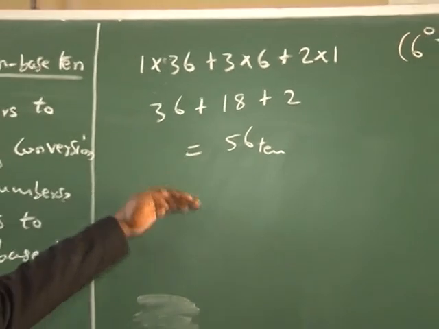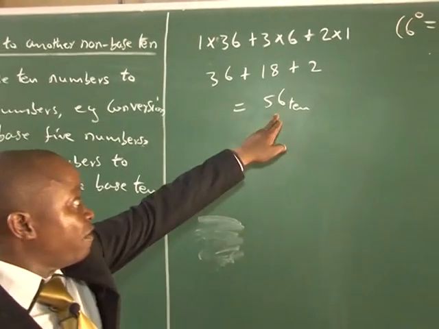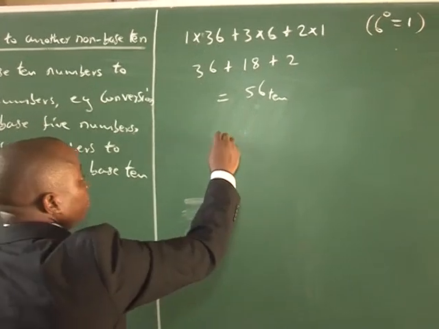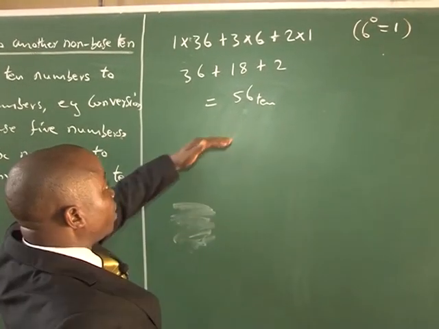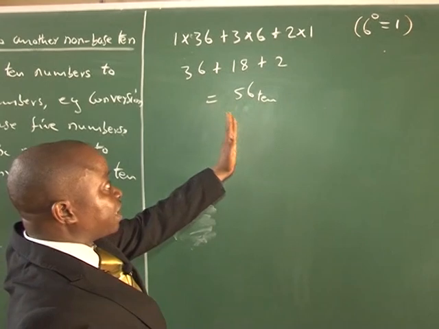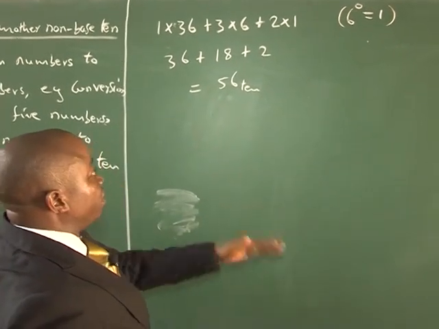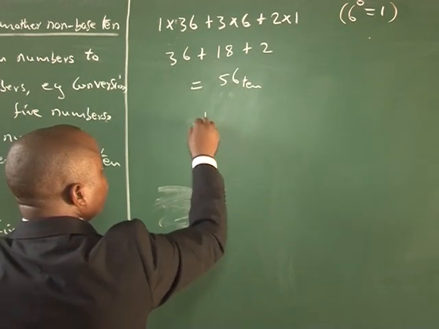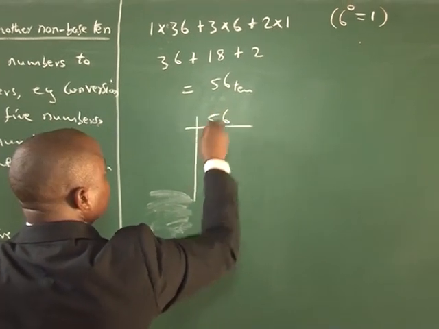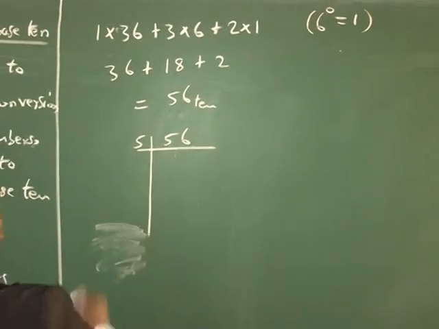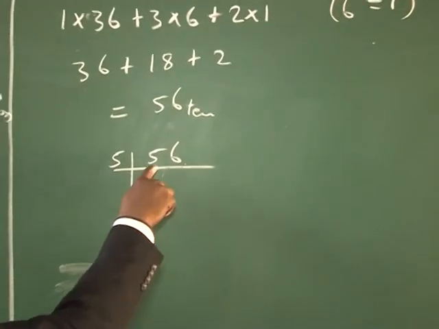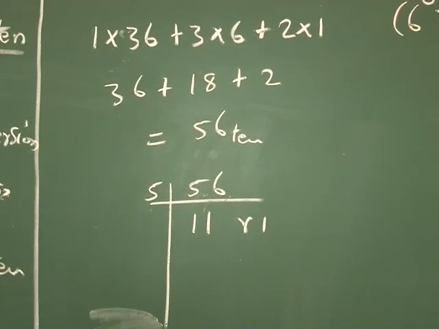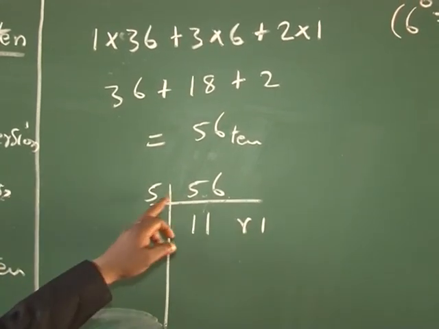So now, for us to get base 5, we convert this to base 5. And we know our normal way of converting numbers from base 10 to other bases. We use continuous division. So we have 56 divided by 5. Now, 56 divided by 5 gives us 11, remainder 1, because 50 divided by 5 is 10.